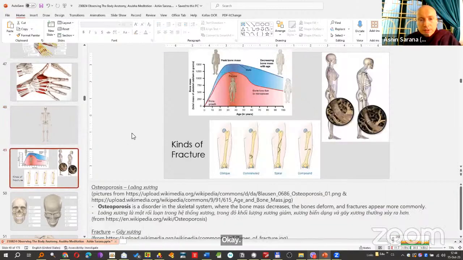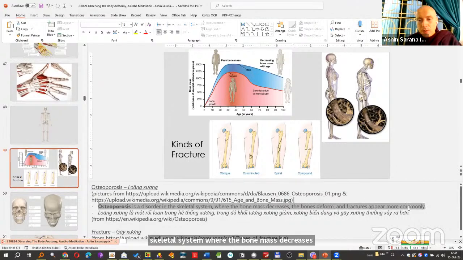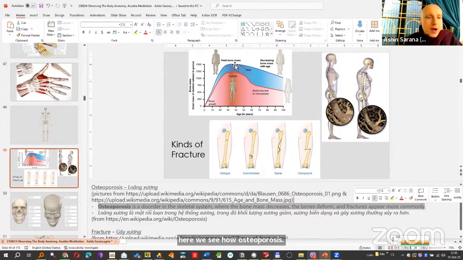So now we are going to look at problems with bones. So osteoporosis. Osteoporosis is a disorder in the skeletal system where the bone mass decreases, the bones deform, and fractures appear more commonly. So here we see how osteoporosis is usually progressing with age.